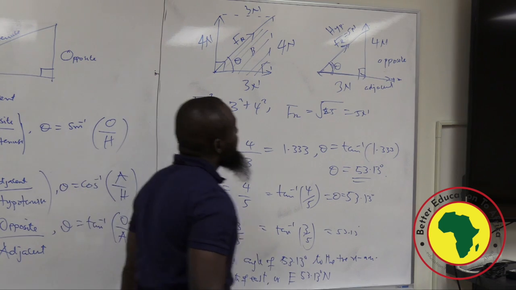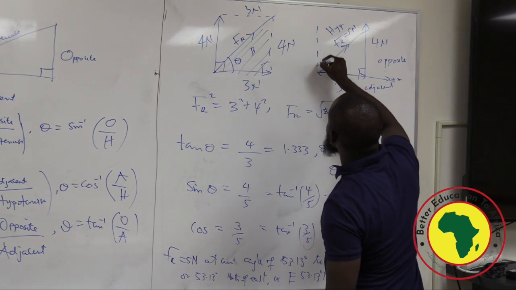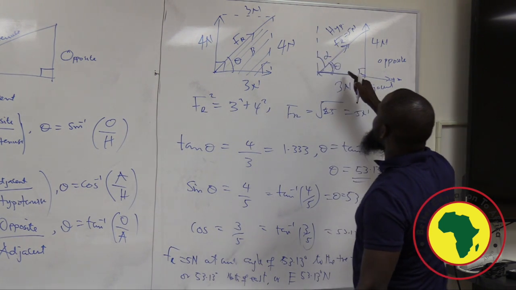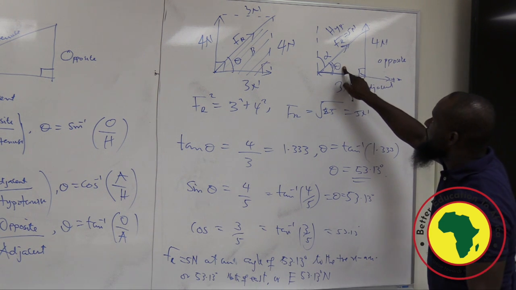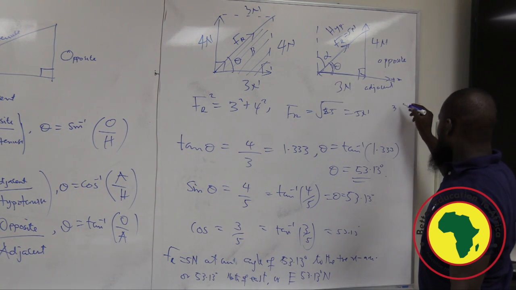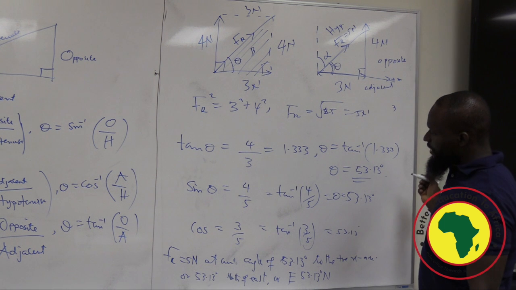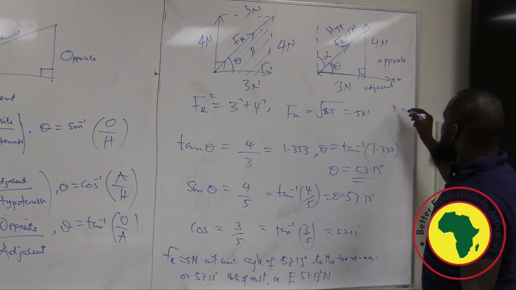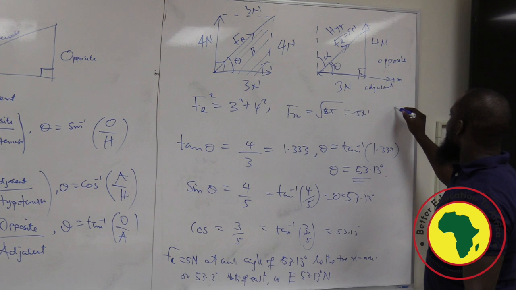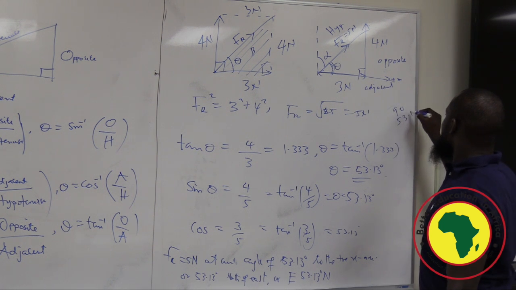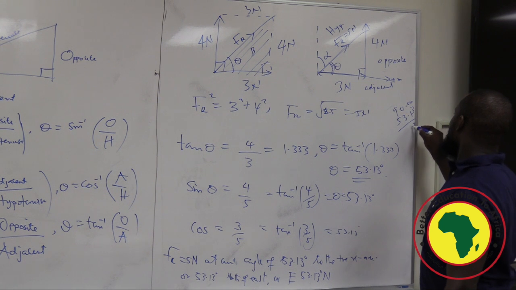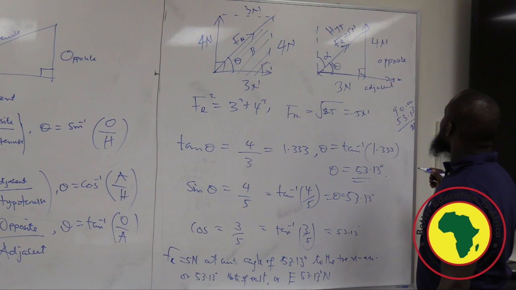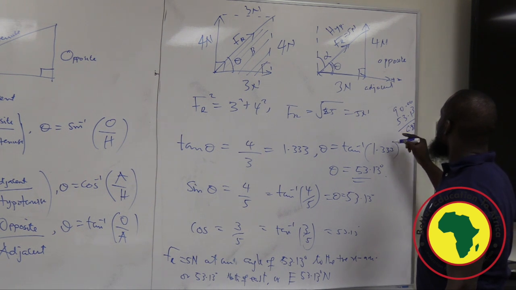Or if you like, you can decide to use the angle to the vertical. Call it alpha. So 90 degrees minus theta, 53.13 degrees subtracted from 90 degrees, okay? 0.13 will give us 7, 9 minus 1, 8, okay? 9 minus 3, 6, okay?